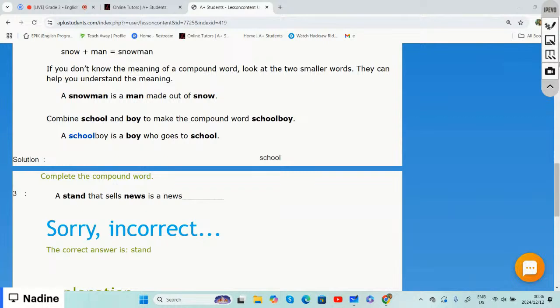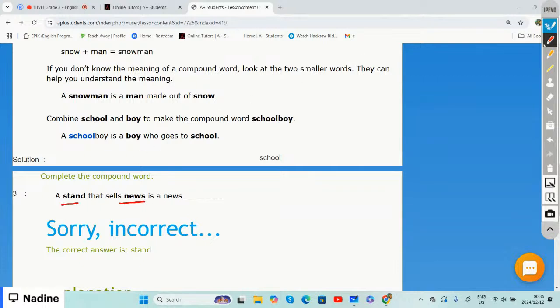All right. And then the next one says a stand that sells news is a what? All right.